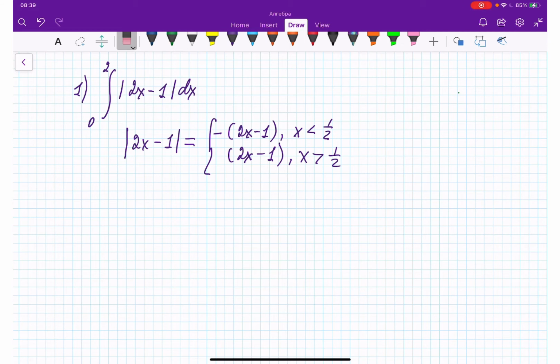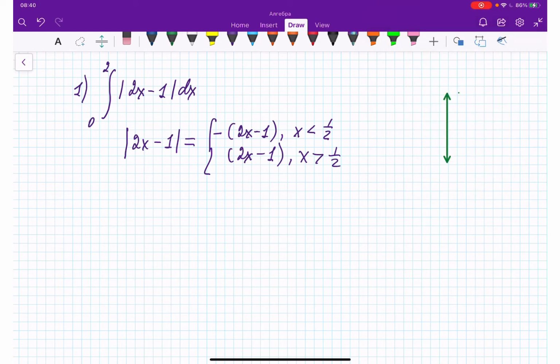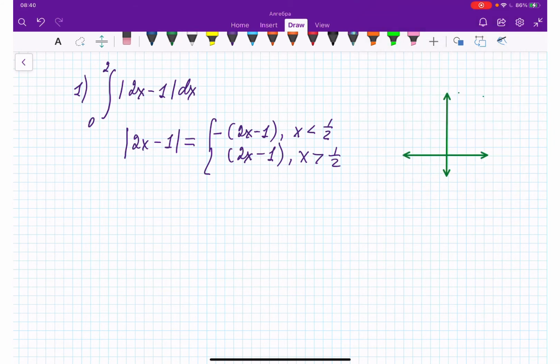So let me show on the graph how it will look. This is my 1/2. This is my 1. 1, 2, 3, 4. This is going to be 2, right? 1, 2, 3, 4.